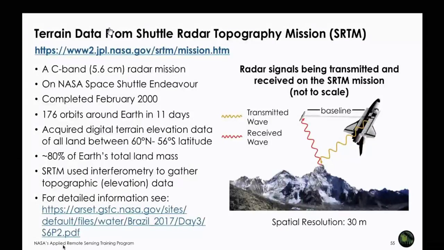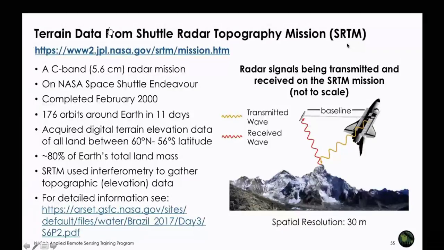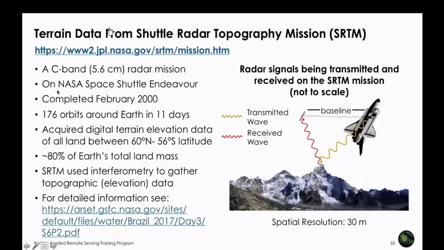In addition, we talked about data that can help in strategizing emergency planning and preparedness. One of them is terrain data, and that also is available from a NASA remote sensing mission. There was a Shuttle Radar Topography Mission, or SRTM, that flew on Space Shuttle Endeavour.